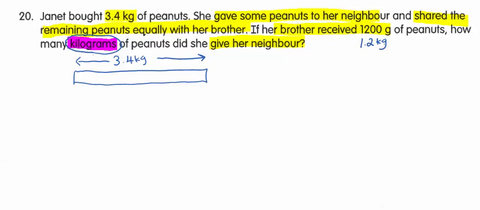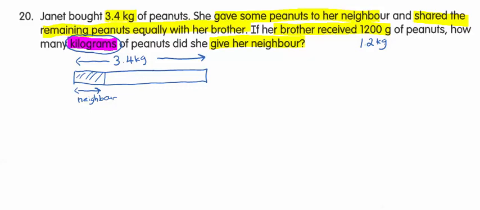So I have 3.4 kg. She gave some to the neighbor, so this is for the neighbor. Then this part here will be my remaining, and I shared the remaining equally with her brother.